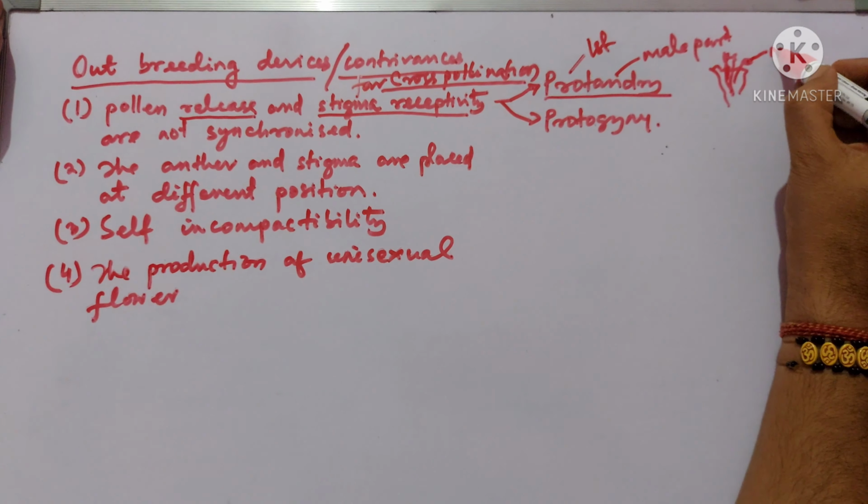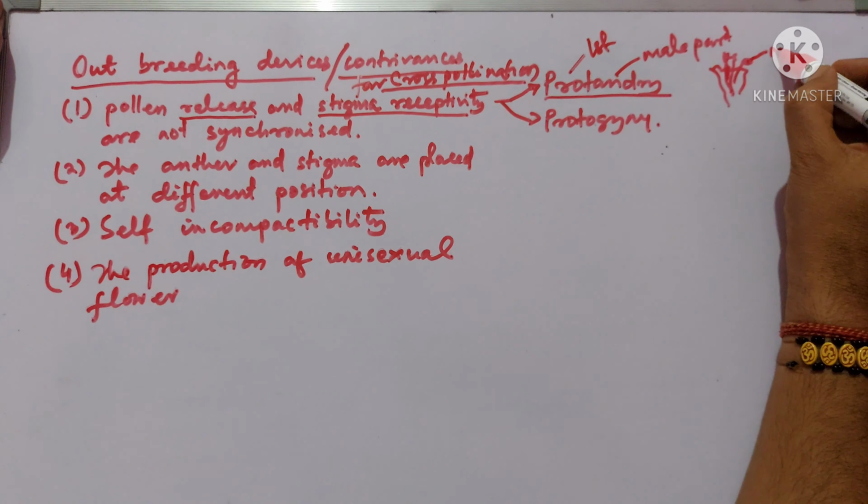So from this protandry and protogyny condition, it is clear that the pollen release and stigma receptivity are not synchronized, and that favors the process of pollination.